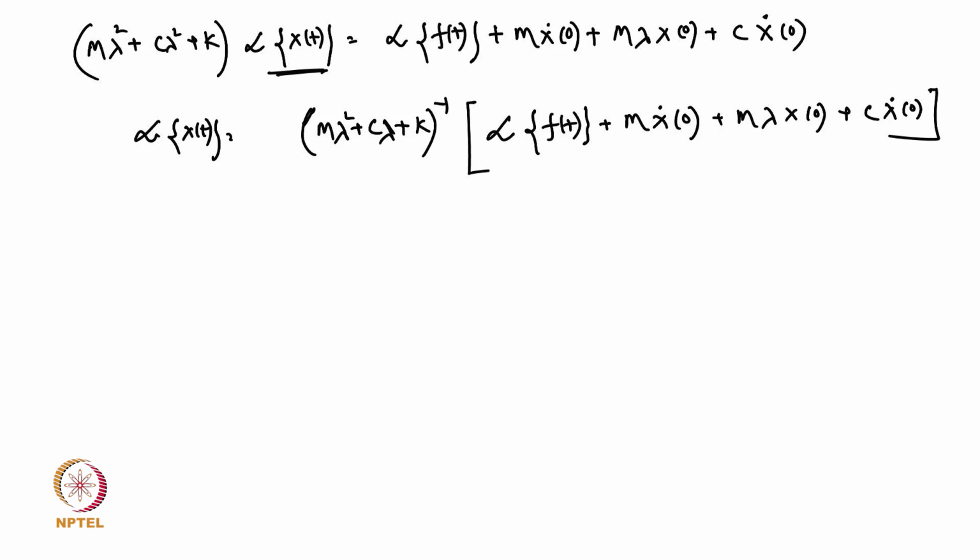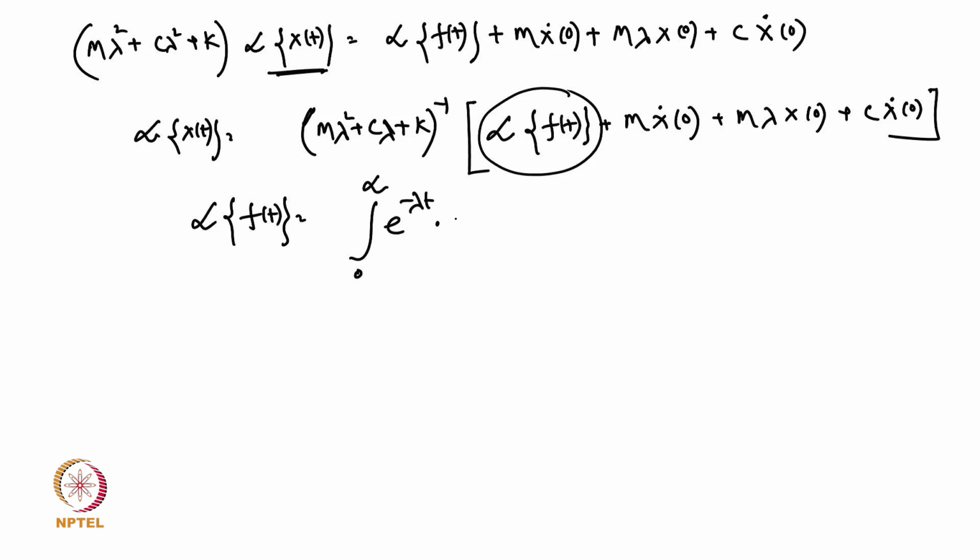Any question after that? You can see here that once you have a system and you want to do the Laplace transformation, and you know the forcing excitations, you can take the Laplace of that forcing function. The Laplace of the forcing function will be, in similar manner, the integral from 0 to infinity of e to the power of minus lambda t into f of t dt.